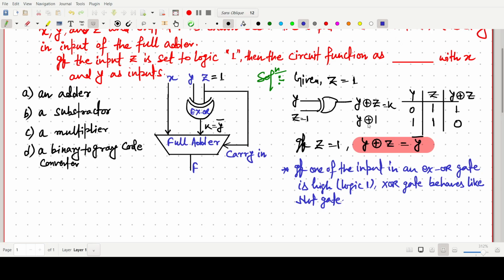Y XOR 1, with Y being anything, is simply Y bar.